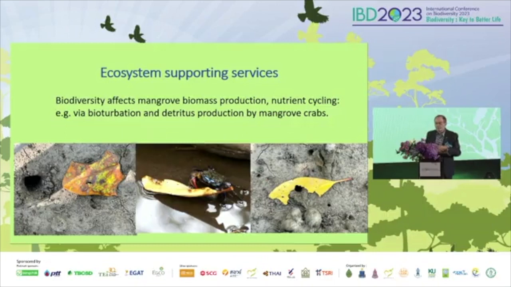All of this is an essential service that contributes to the nutrient cycling. And so the diversity of crabs in this particular case, and we could add mollusks and a whole range of tiny worm-like animals called meiofauna, they are all part of this very important ecosystem supporting service that the mangroves provide.